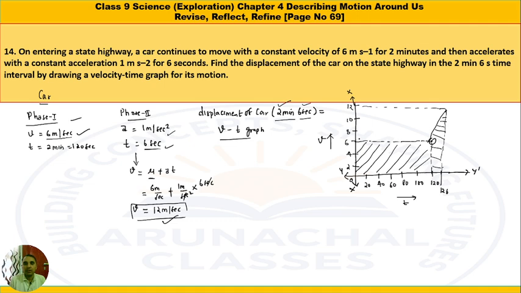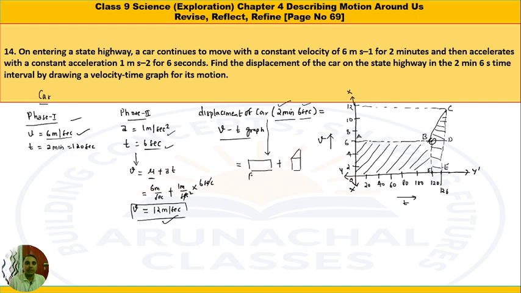So make it down as A, B, C, D, E, and F. So if I am finding the area under the graph, it is finding the area of rectangle plus area of trapezium that we need to find.